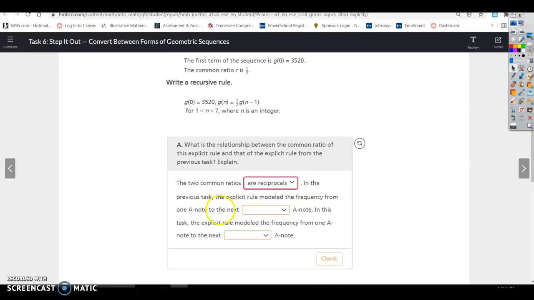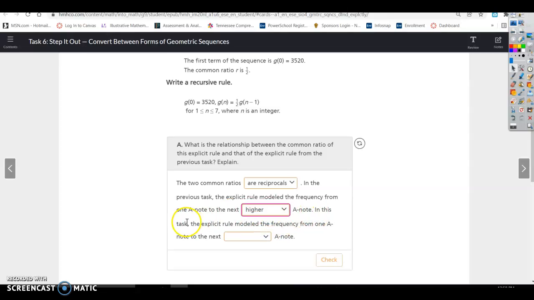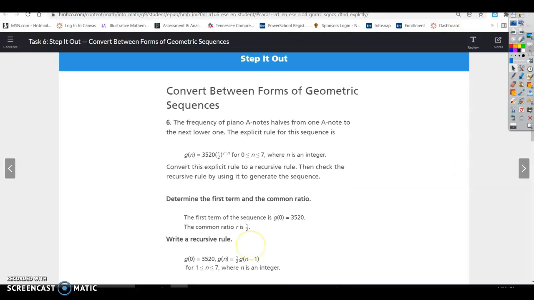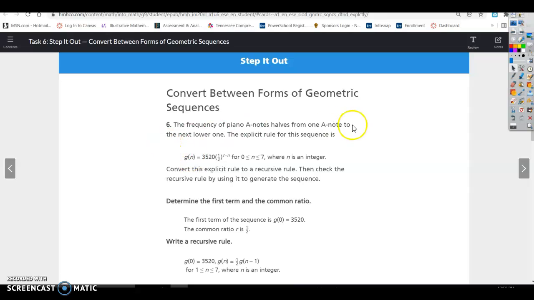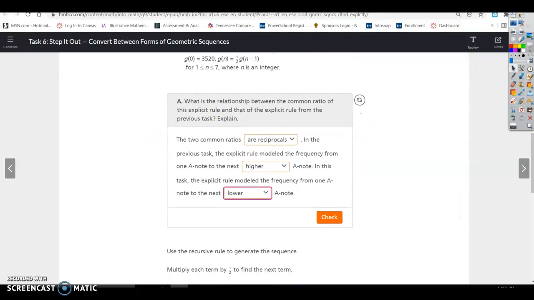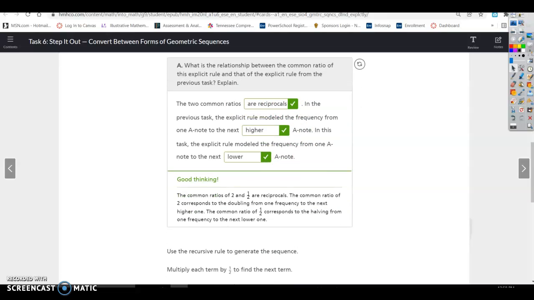And in the previous task, the explicit rule modeled the frequency from one A note to the next higher A note. In this task, the explicit rule models the frequency from one A note to the next lower A note. If you go back up here, it says A note to the next lower A note. So a little bit of a difference. That's why the formulas are a little different.